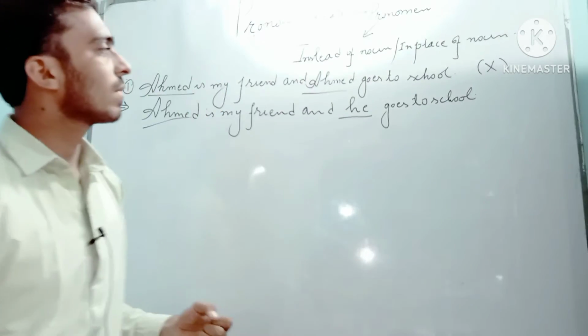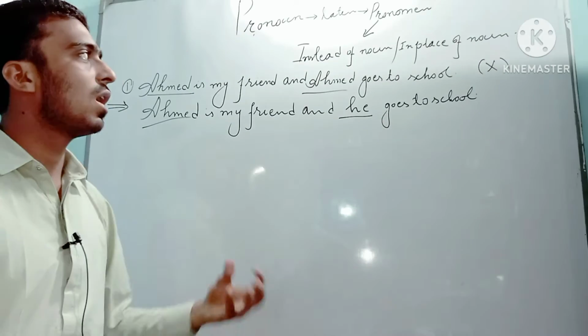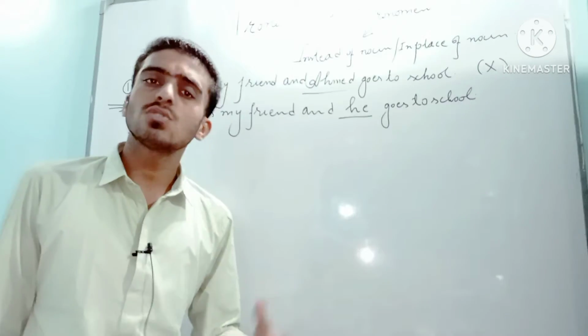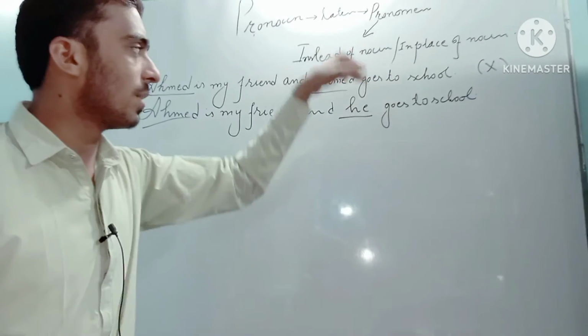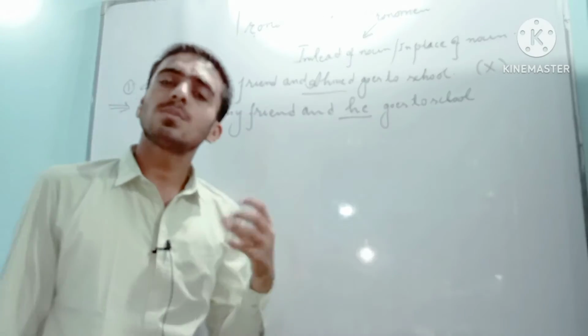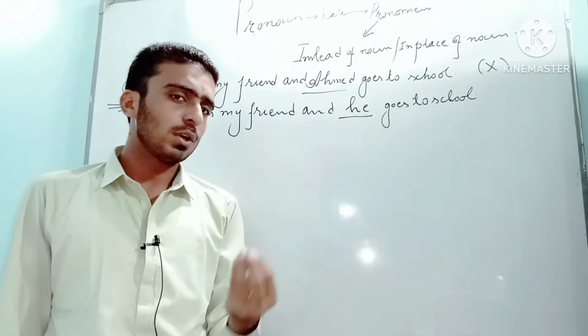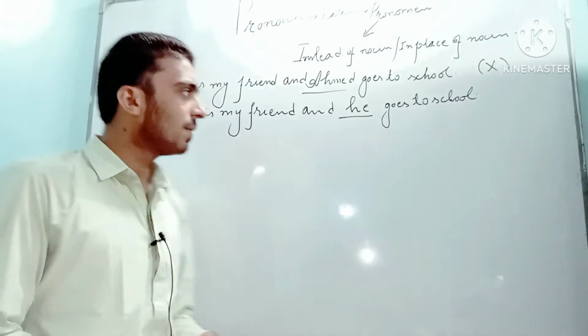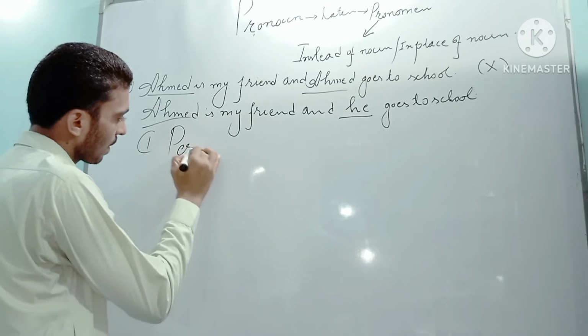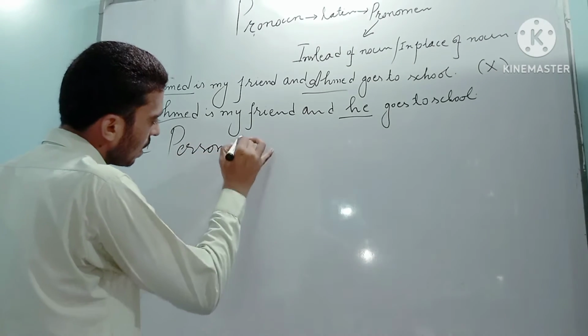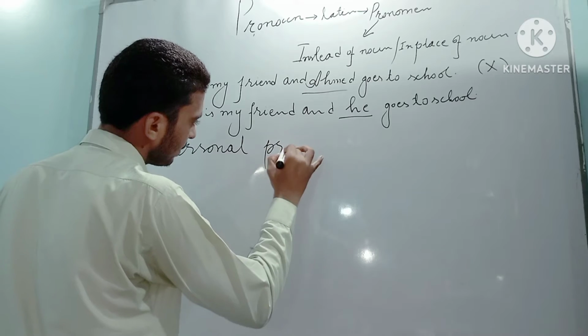Okay. So what are the other pronouns, and which pronouns can be used for living things and for non-living things? Suppose I have used he in the place of Ahmad. There are many kinds of pronoun. First of all, we should know about the first kind of pronoun, that's the personal pronoun.